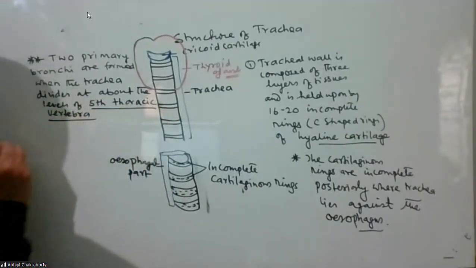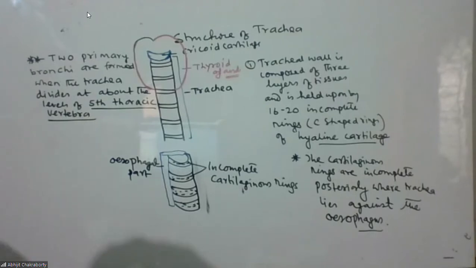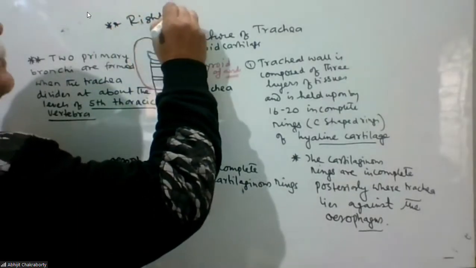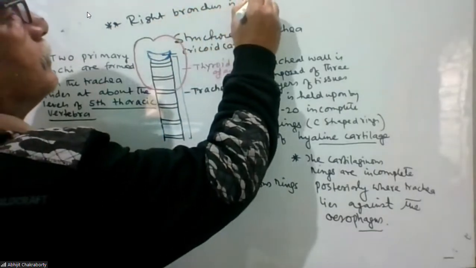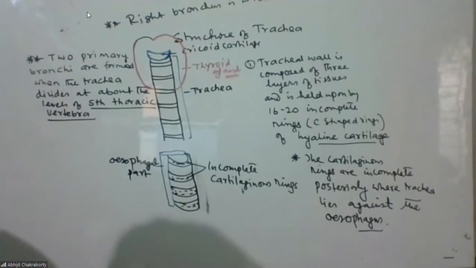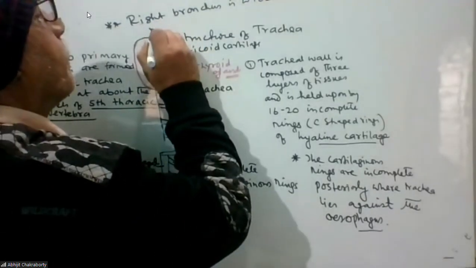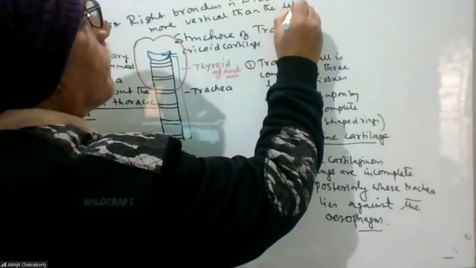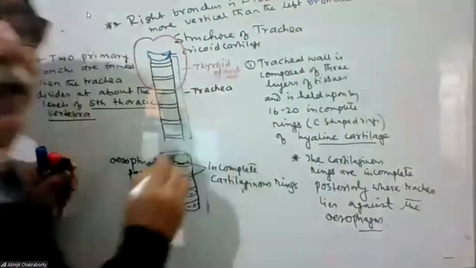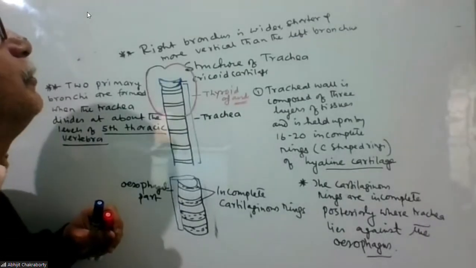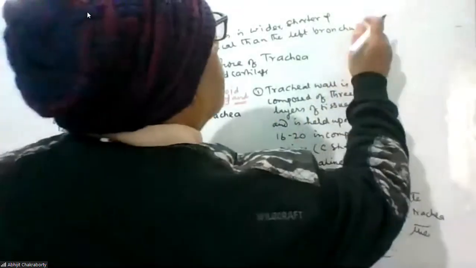Now you need to remember this thing. Another thing: the right bronchus is wider, shorter, and more vertical than the left bronchus.